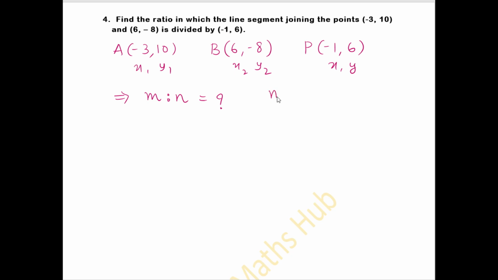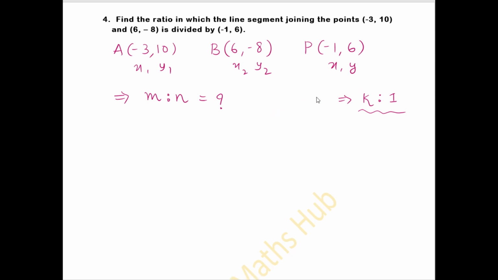Students, m:n can be written as m by n equals k, that is k:1. I am considering m by n as k, therefore I'll write k:1.